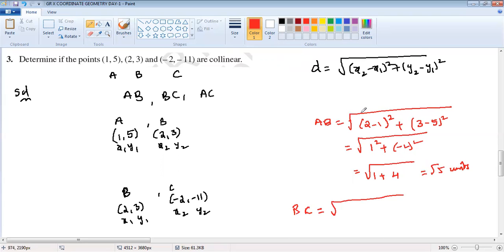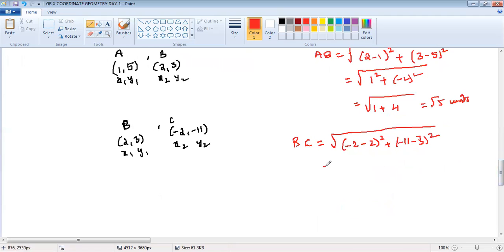So minus 2 minus 2 is minus 4, whole square, which is 16. Then minus 11 minus 3, which is minus 14, whole square, which is 196.